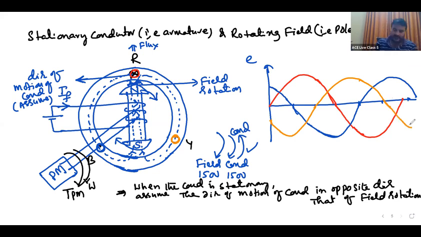So RYB, na? Yes. This is the induced EMF in the R phase, this is the induced EMF in the Y phase, EY, and this is the induced EMF in the B phase.